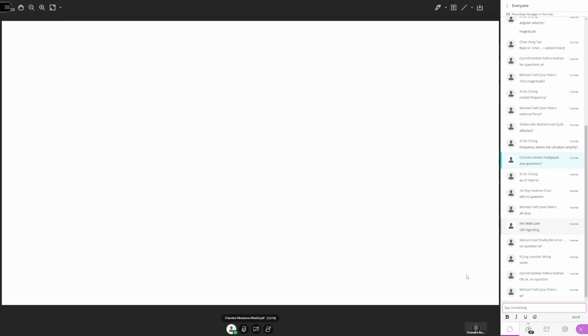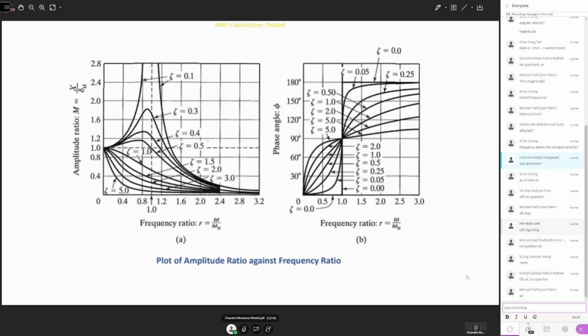So now we can see how the system behaves, the relationship between omega and omega n. This you need to observe. On the x-axis we are dealing with the frequency ratio R, omega over omega n, and on the y-axis you have the amplitude ratio.